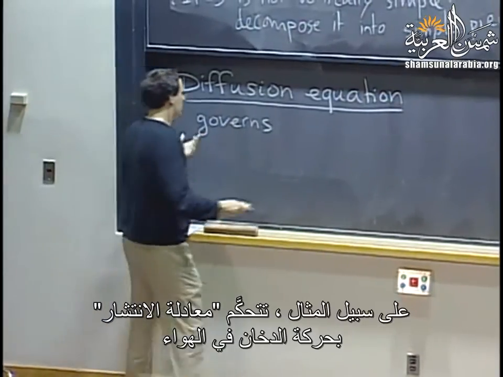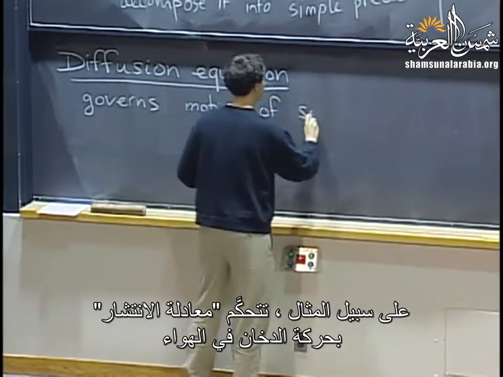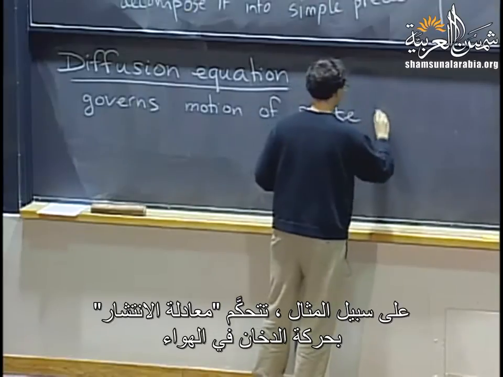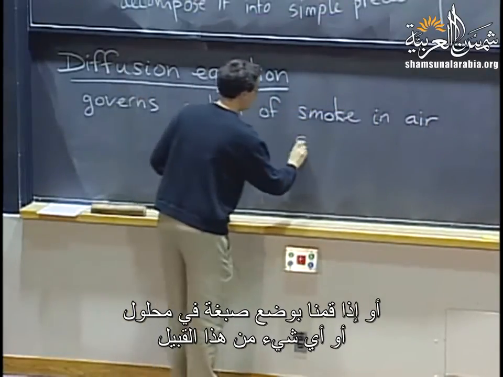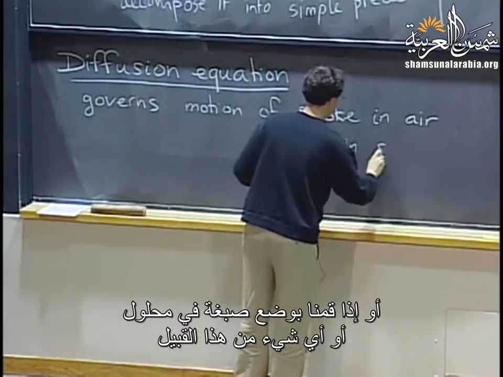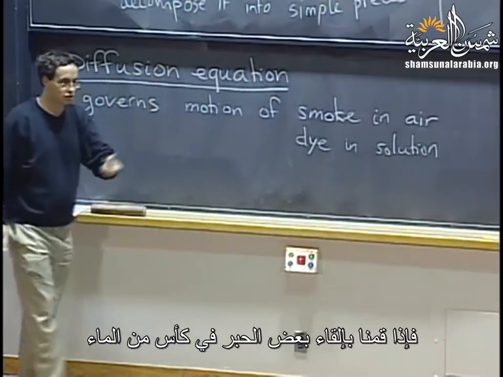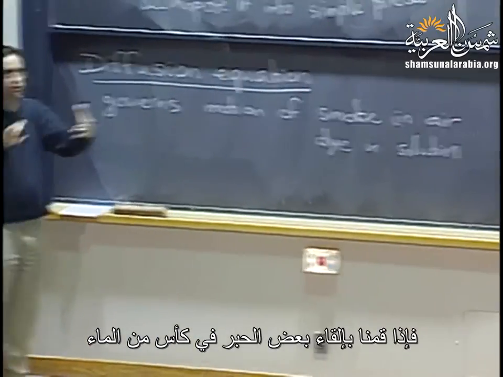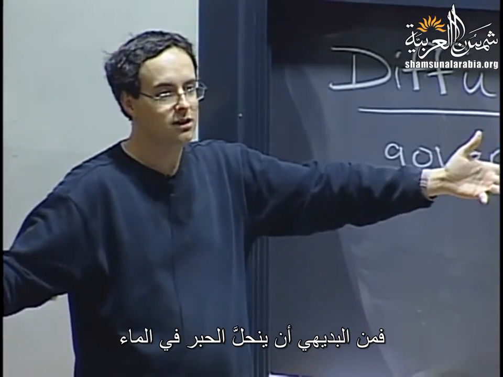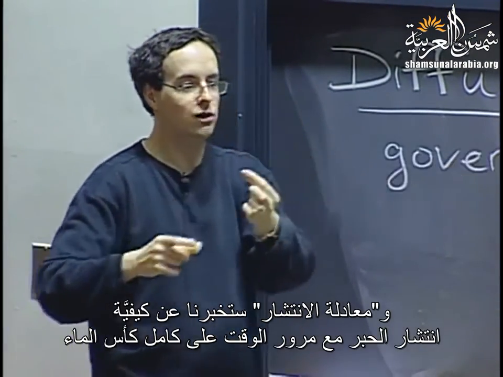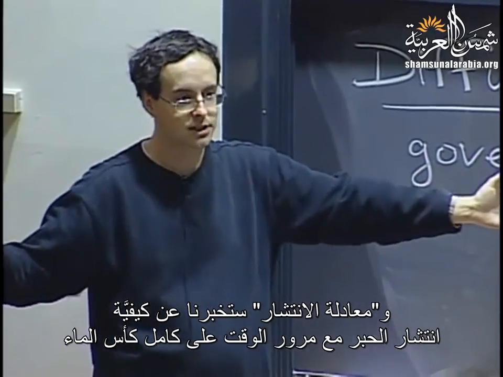So for example, that governs the motion of, say, smoke in the air. Or if you put dye in a solution, say that you drop some ink into a glass of water. Well, you can imagine that obviously it will get diluted. And that equation will tell you how exactly, over time, this thing is going to spread out and start filling the entire glass.